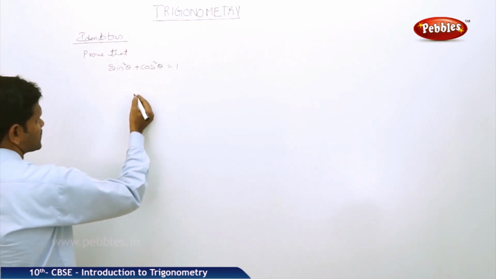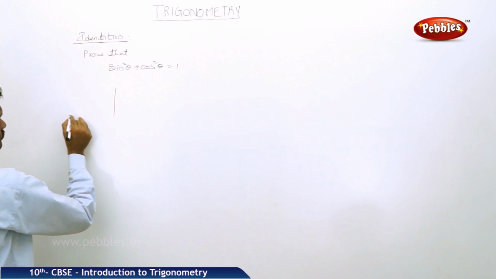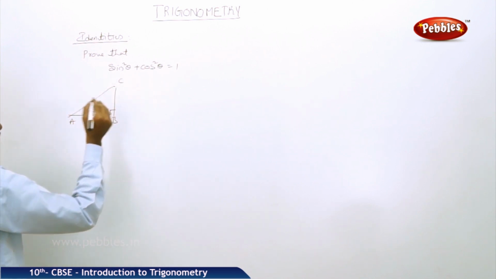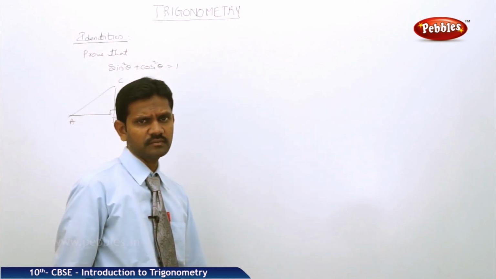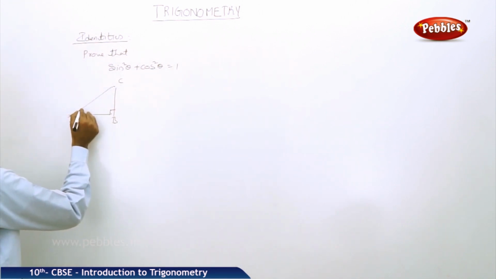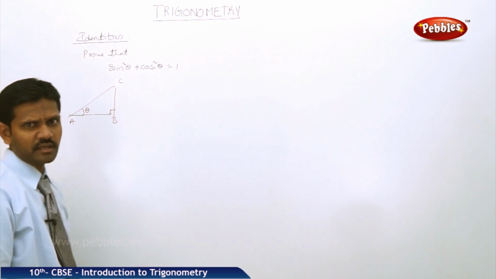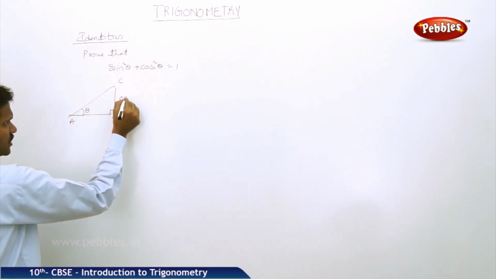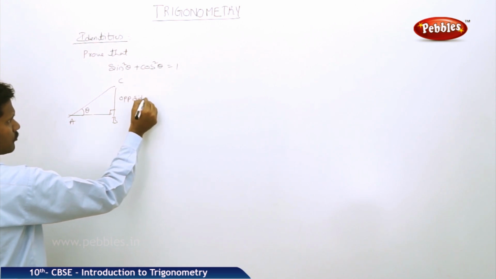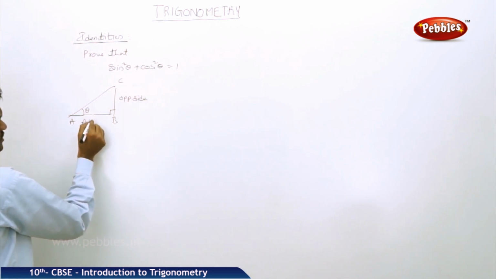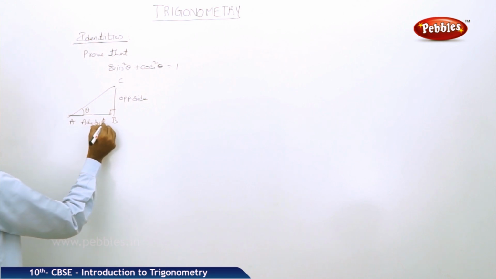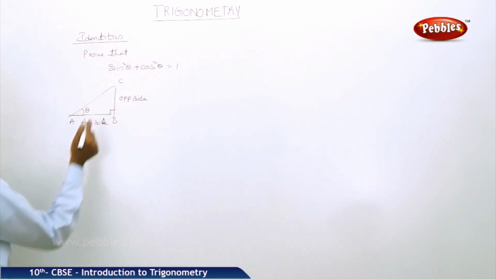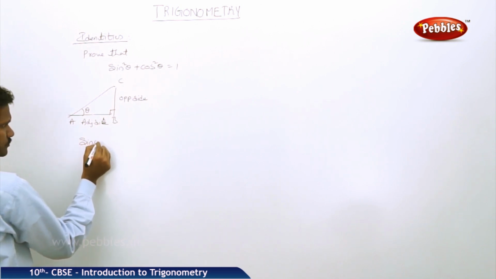Now let us consider a right angle triangle ABC. Let us consider the right angle is at B, and theta is at A. Now the opposite side is BC and the adjacent side is AB. Now find the value of sine.